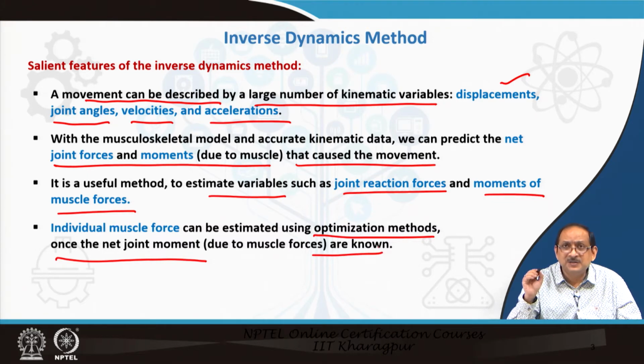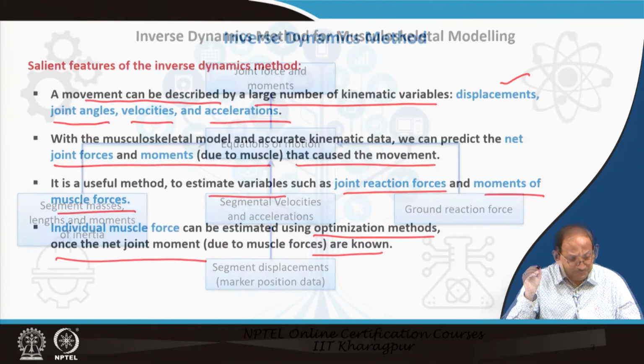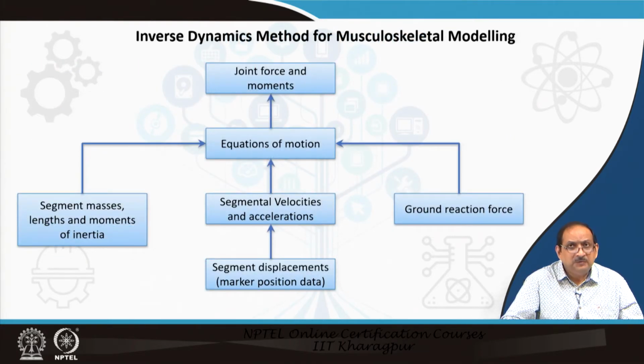This would be discussed in the following lecture. An overview of the inverse dynamics method as applicable to rigid body dynamics of the musculoskeletal system is presented in this slide.